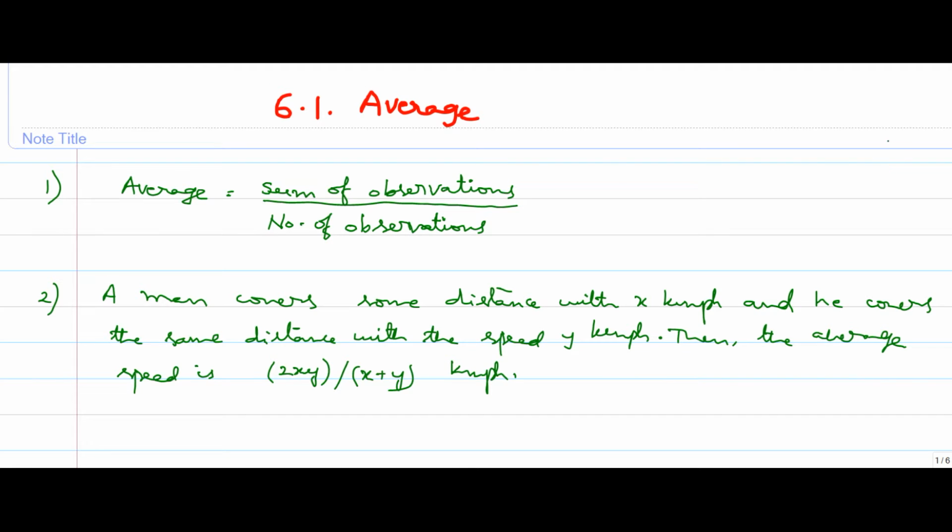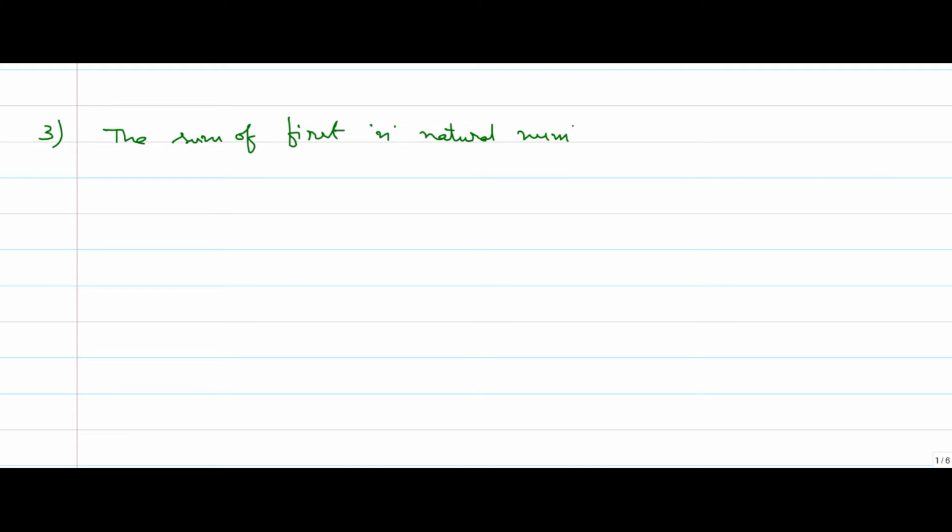Some other formulae are also important in this context, so let us discuss those also. The sum of the first n natural numbers is n into n plus 1 by 2.